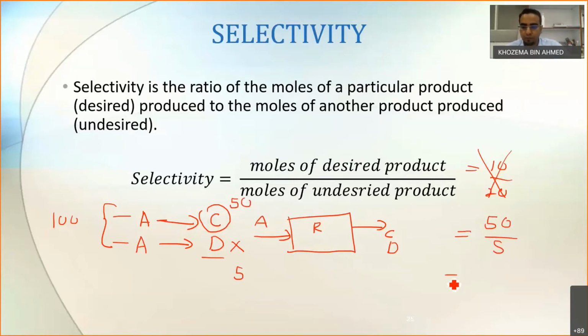So my selectivity is 10 mole of C over mole of D. This is acceptable for me. This reactor setup is acceptable, so I can continue with my reaction. That is the purpose of having selectivity, because we want to make sure that we have more desired product as compared to undesired product.